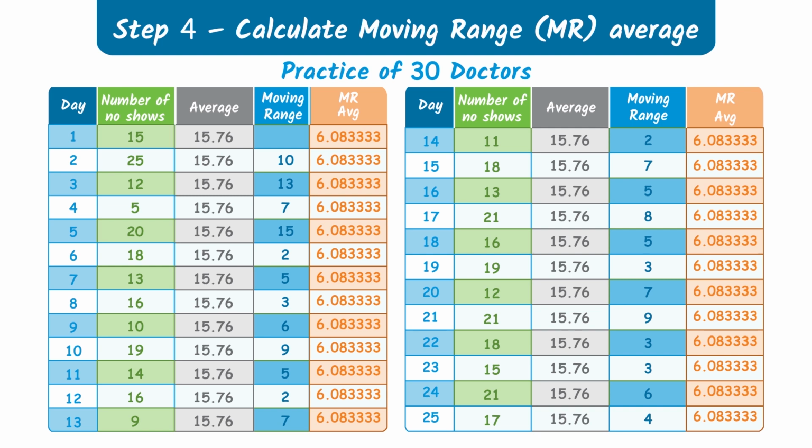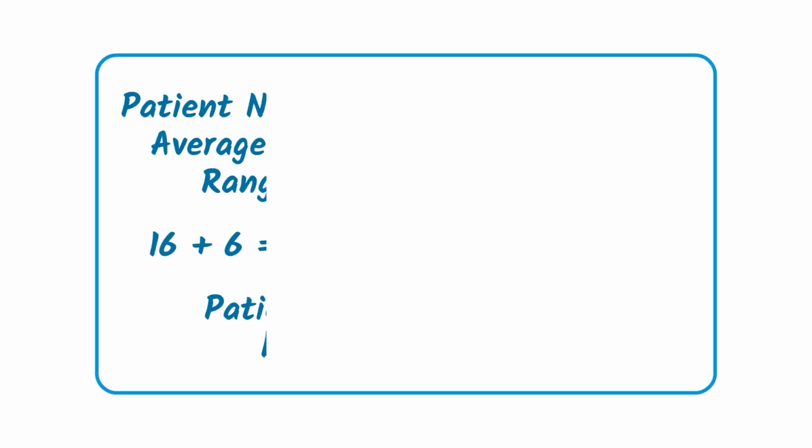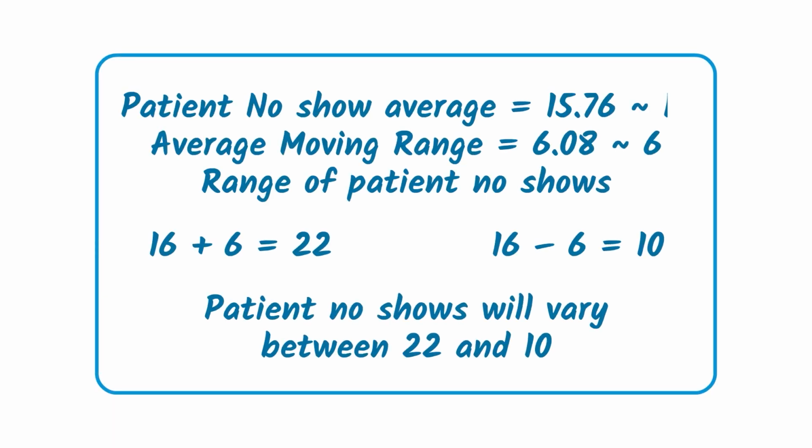It tells us that our average of patient no-shows is expected to move in either direction, up or down, by an average of 6.08. Now, can you split patients? No. So the more appropriate interpretation would be the average number of no-shows of 16 patients per day. We might get 16 plus 6, 22, or 16 minus 6, 10.